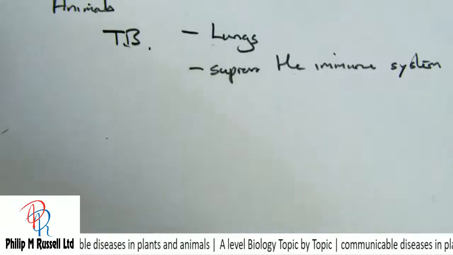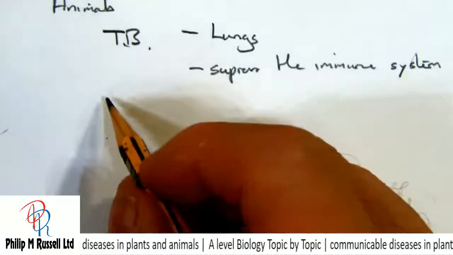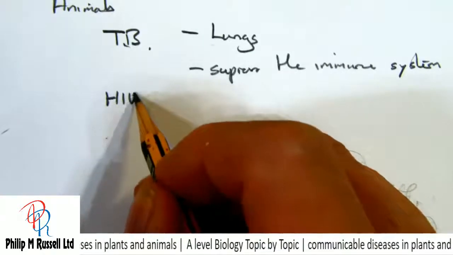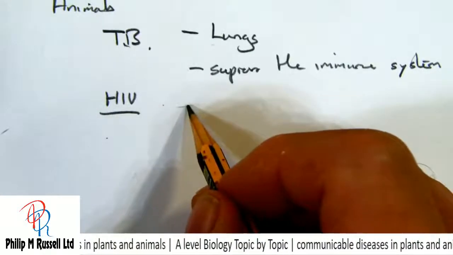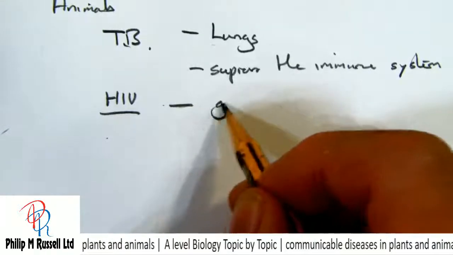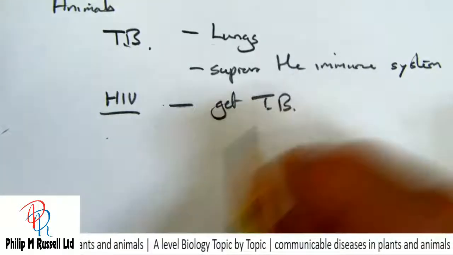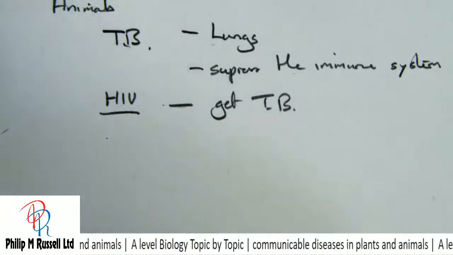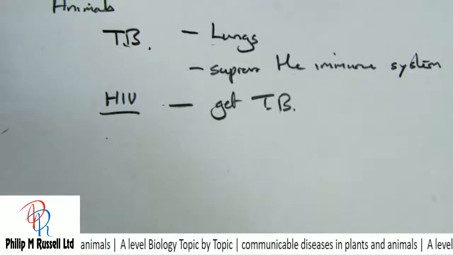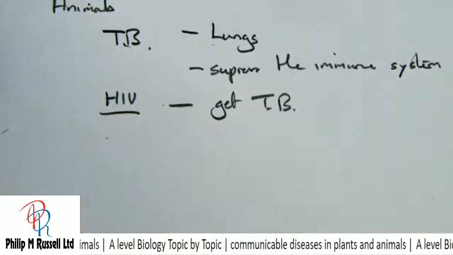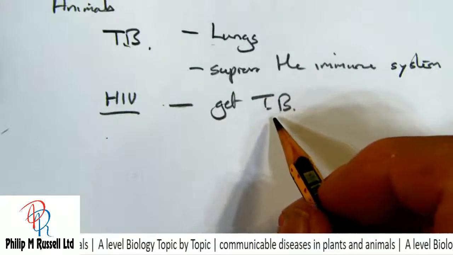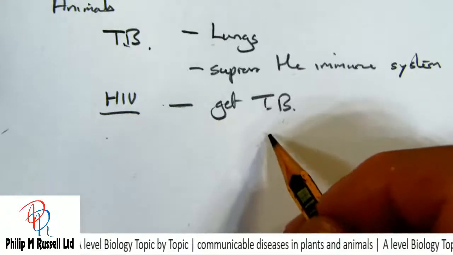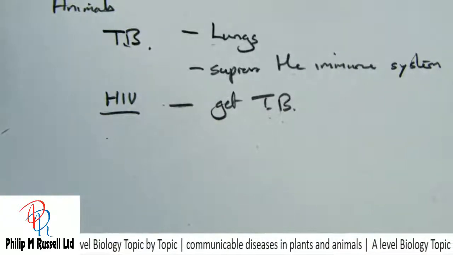But if you've got a large population with perhaps something like HIV, then this population is more likely to get tuberculosis. And in people, tuberculosis is curable and it can be prevented. But TB is adapting and becoming resistant.